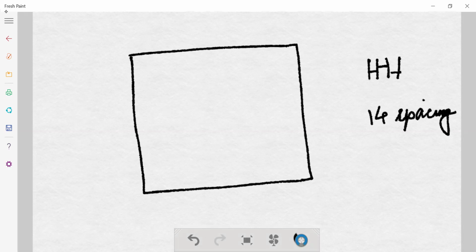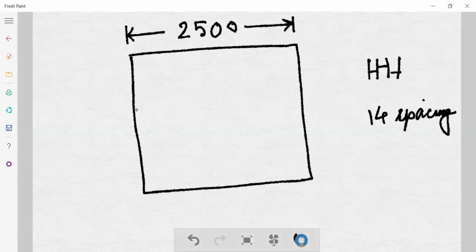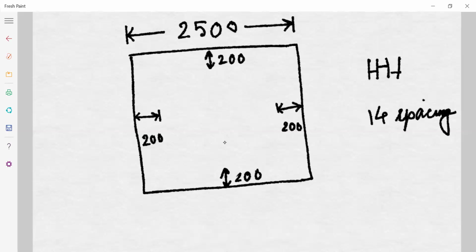So we have to check how much spacing we can provide equally in 14 parts. If this is 2500, and since a pile cap is a very big structure, suppose I take a cover of 200 both ways. So what is the area remaining where we will provide the bars?